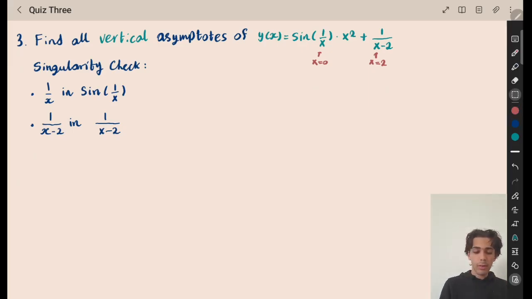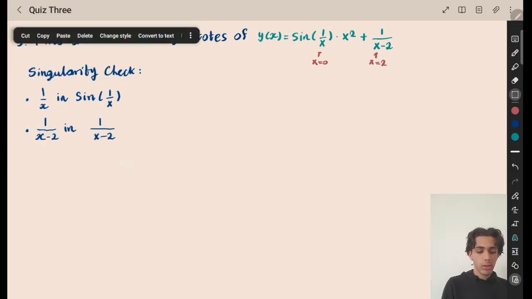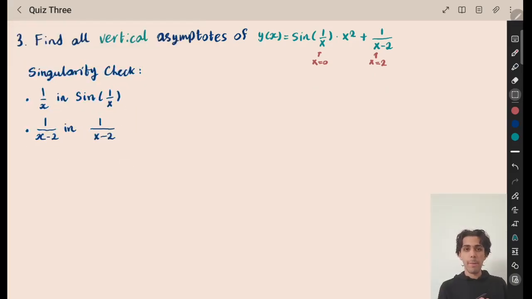But after you do the singularity check, this is a possible vertical asymptote, but it doesn't have to be a vertical asymptote. How do we know? Is a good question. And the answer is we need to compute the limit.